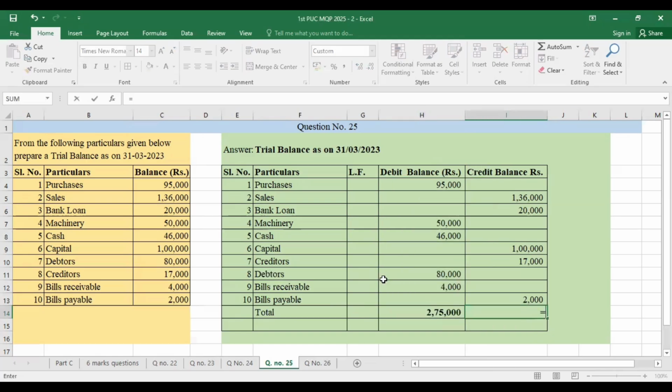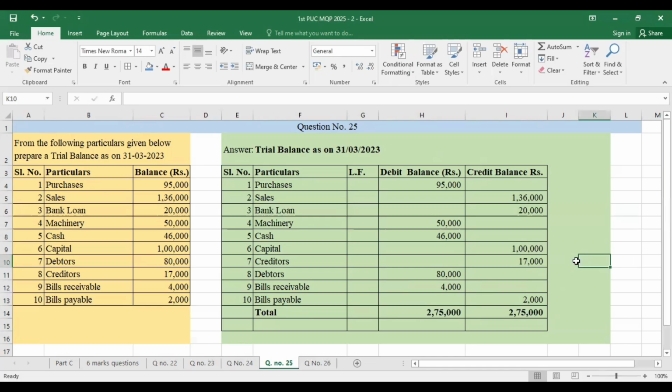Here also we'll do the same thing. 2,000 plus 17,000 plus 1 lakh plus 20,000 plus 1,36,000, which comes up to 2,75,000. So debit balance is matching with the credit balance. It is equating. So hope you all understood this concept of preparing trial balance.